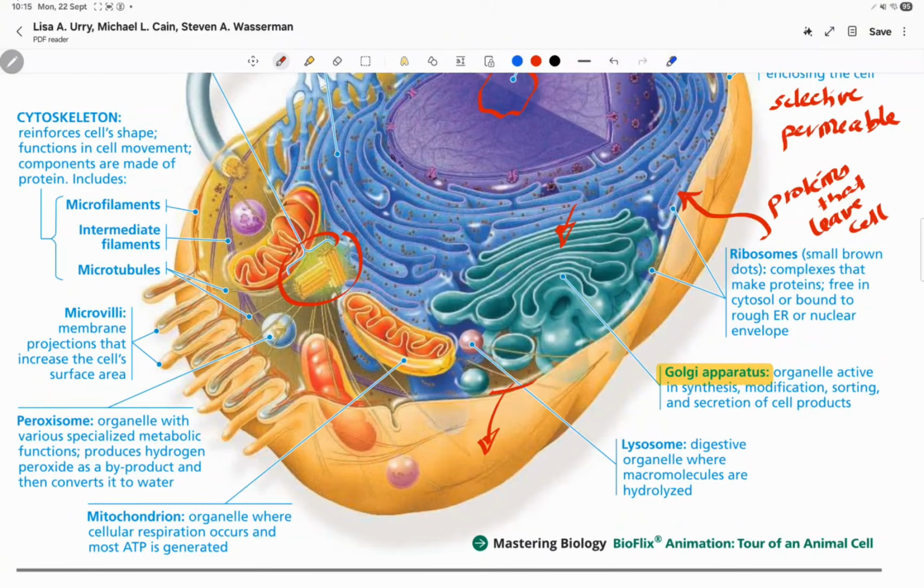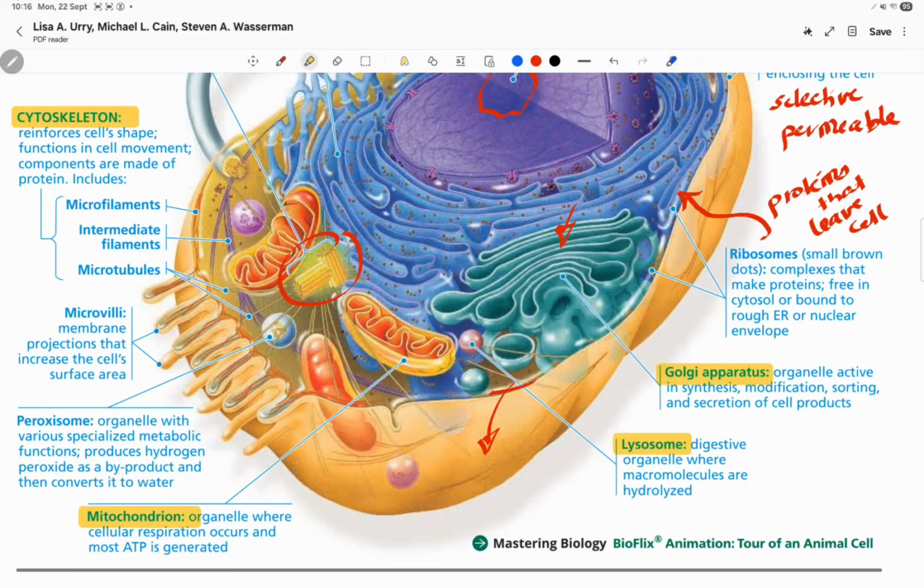When things get old inside the cell, like an organelle for example, then lysosomes will take care of it and they will digest it and they will also recycle it. Mitochondria, of course, is responsible for making you lots and lots of ATP. 90% of your ATP is made in the mitochondria. We also have the cytoskeleton because your cells don't have bones on the inside.